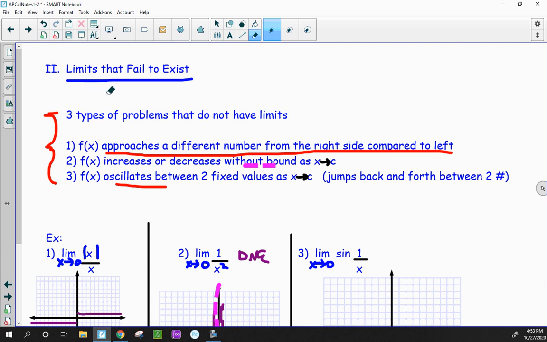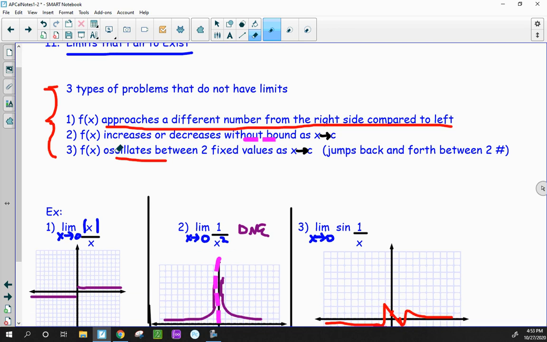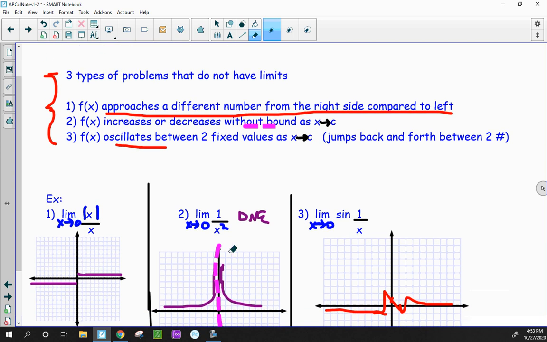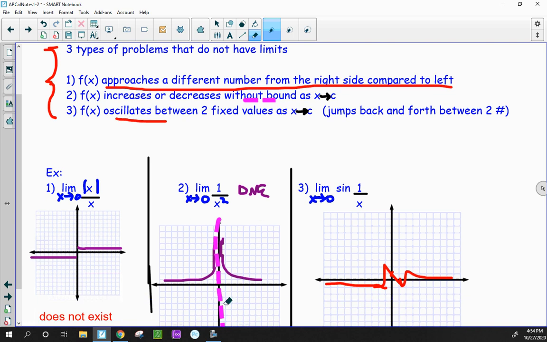So again, there are 3 ways limits fail to exist, and we write D, N, E for the answer. That is in a scenario when it's approaching a different number from the left side and the right side. When there are 2 different answers and you don't know which one to give, you say D N E. When it is approaching an asymptote and there's no stopping the graph, then it's not going to reach a height, and height is the key word for limit, so you can't give an answer for that.